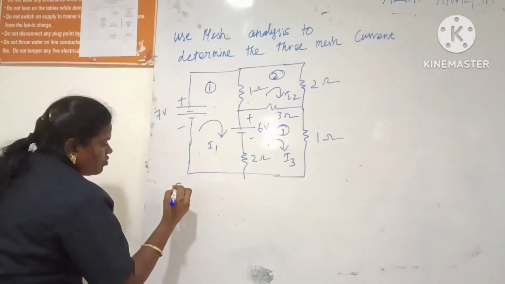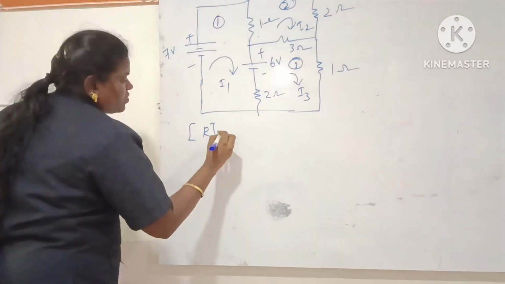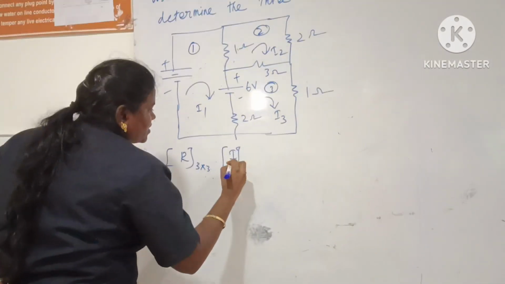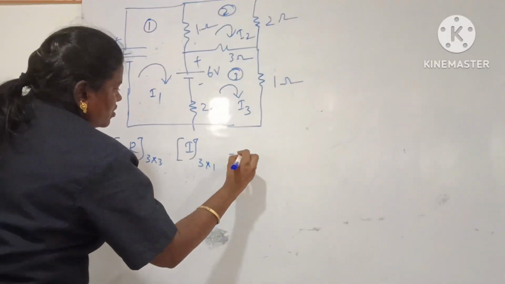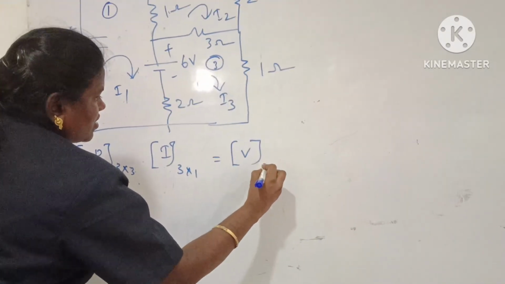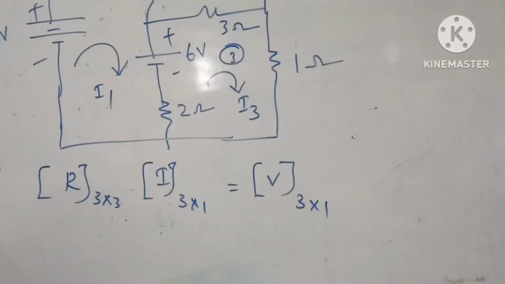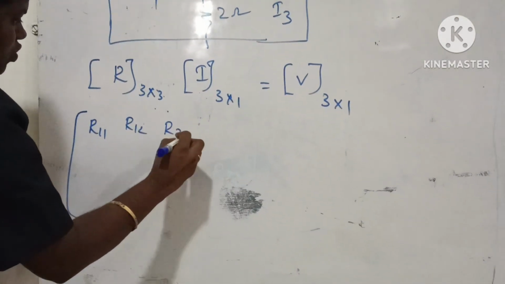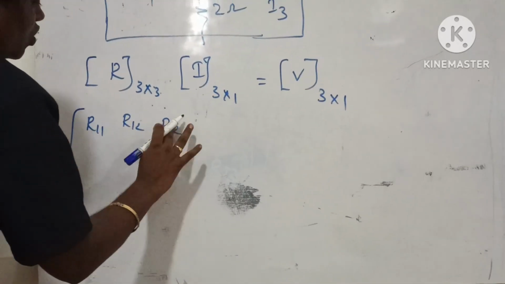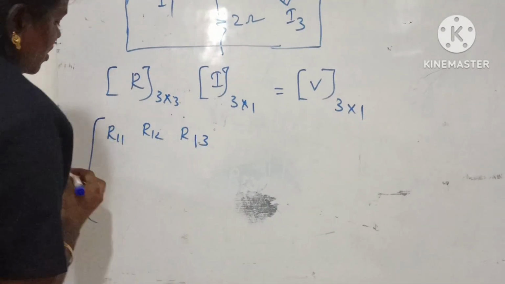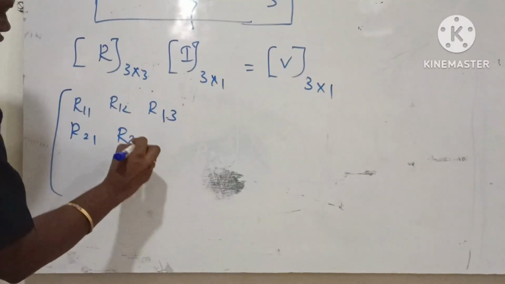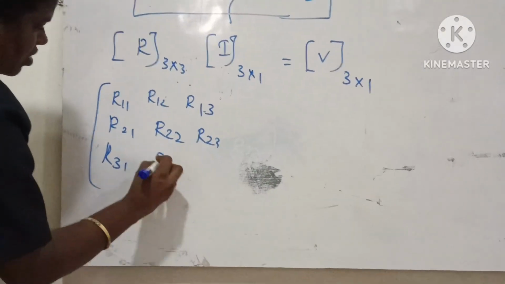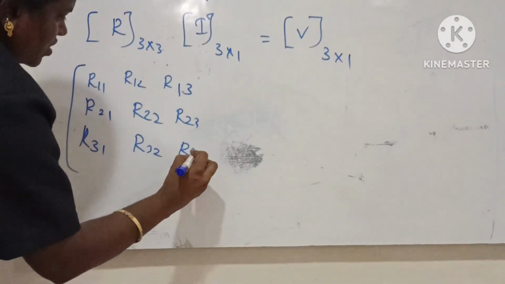So you have to form a resistance matrix 3 by 3, then a current matrix 3 by 1, then a voltage matrix 3 by 1. The resistance matrix is R11, R12, R13, then R21, R22, R23, R31, R32, R33.